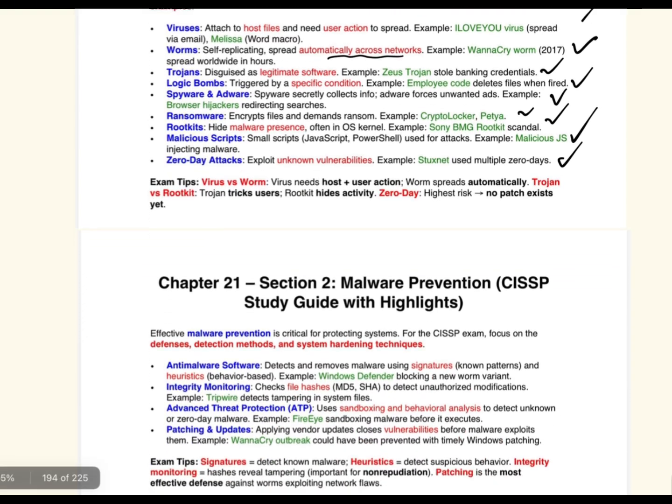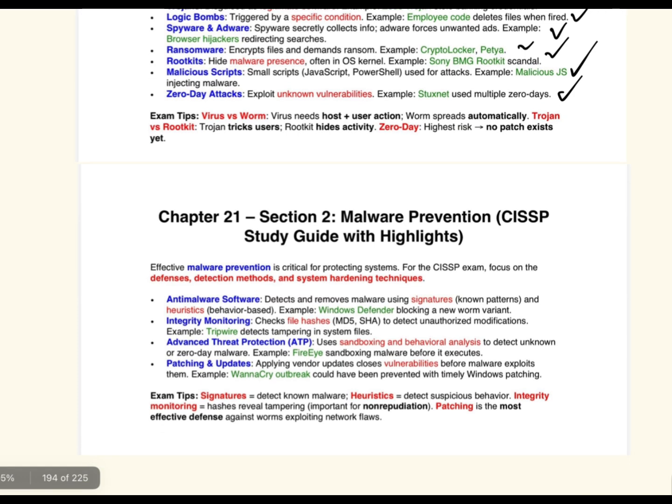Now in the upcoming slides we will discuss anti-malware software. It detects and removes malware using signatures, known patterns, and heuristics, behavior-based detection. For example, Windows Defender or McAfee.